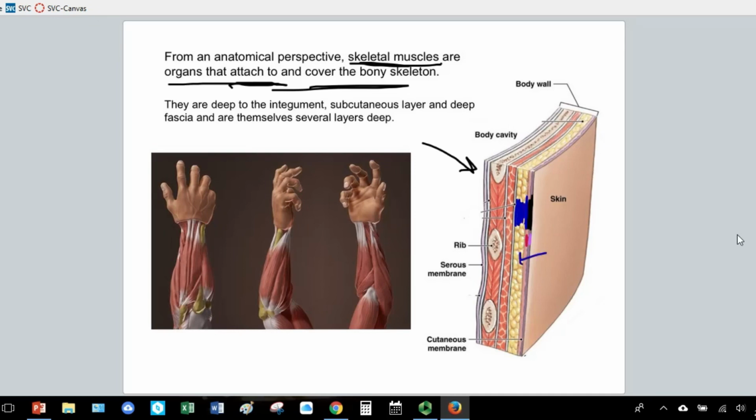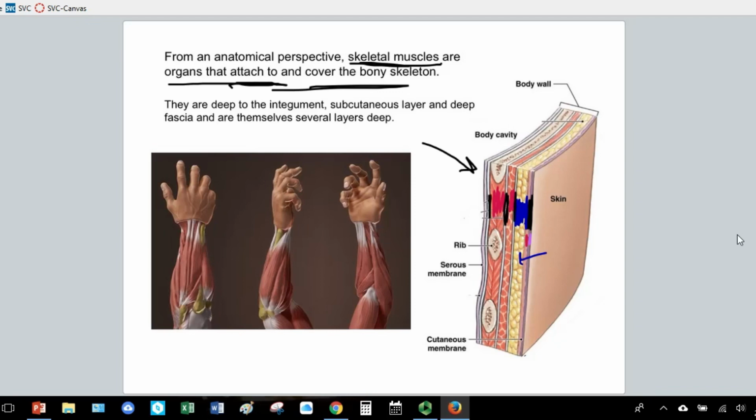And as you guys remember, there's adipose tissue in here, there's areolar tissue in there, a lot of loose connective tissues. And then if we look a little bit deeper, here we have skeletal muscles. And skeletal muscles themselves can be several layers deep. So here we have a couple layers of skeletal muscle. And then this thin layer right there is something called deep fascia.